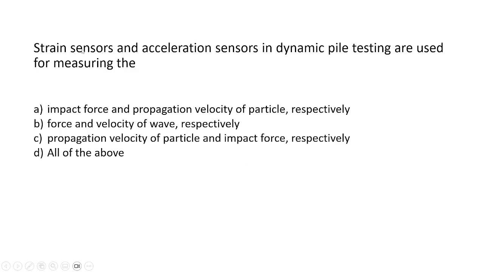Can strain sensors measure the propagation velocity? No, right. So all of the above will not be the answer. The correct answer will be impact force and the propagation velocity of particle, because strain sensors are for impact force and acceleration sensors are mainly for the propagation velocity of the particle. So the correct answer will be A.